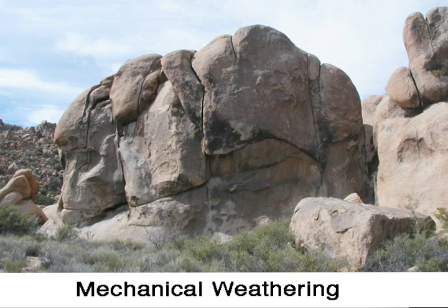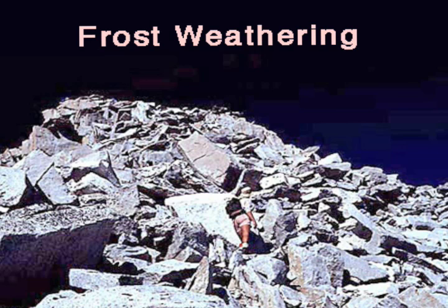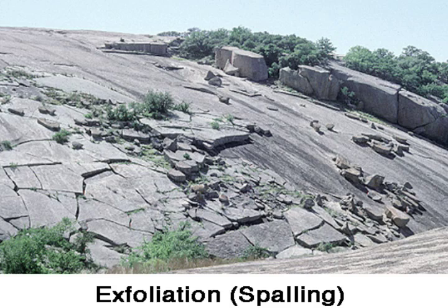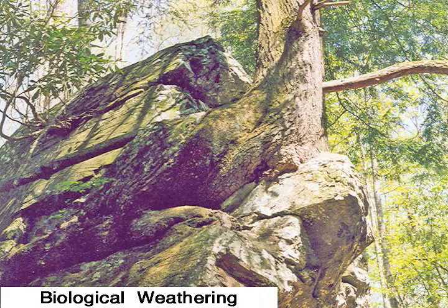The major agents in this form of weathering are expansion and contraction, caused by repeated heating and cooling; frost action, when water freezes, it expands and wedges the rock apart; and exfoliation or spalling, chips, plates, or shells of rock separated by differential stresses produced by the release of pressure on the materials comprising the rock.